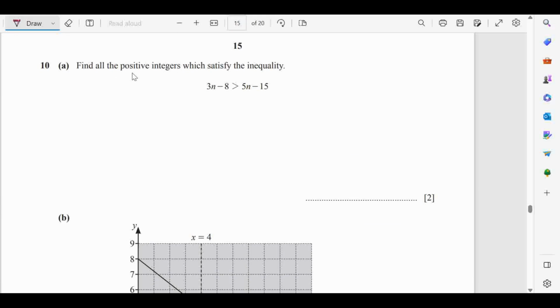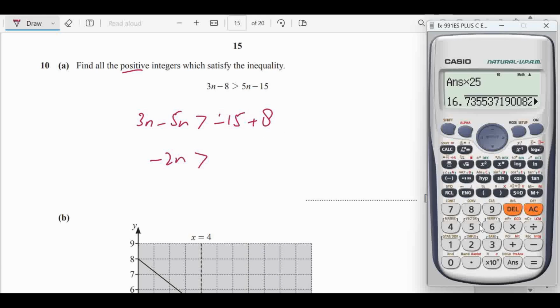Find all the positive integers which satisfy the inequality. First of all, we rearrange it. So this will be 3n minus 5n minus 15 plus 8, so this will be minus 2n greater than minus 15 plus 8. Minus 15 plus 8 will be minus 7.